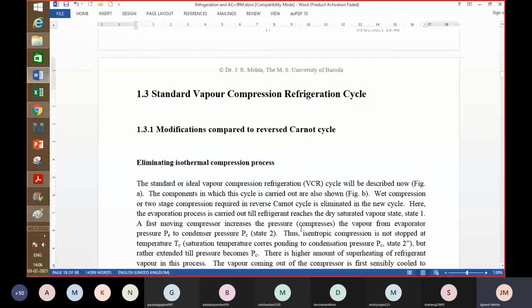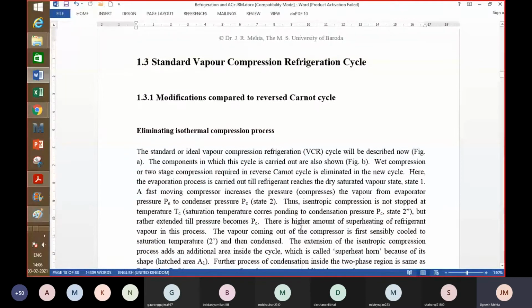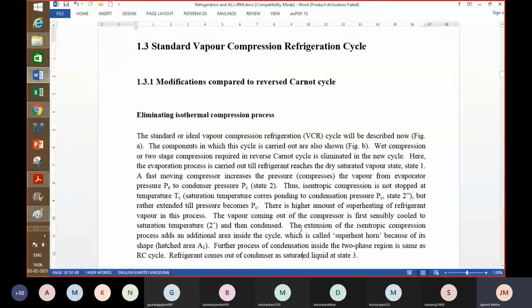The first thing is obviously the entry to the compressor. Now we are talking about the standard or ideal vapor compression refrigeration cycle as of now, right? How the actual cycle differs from that or deviates from that will be discussed later. So only saturated vapor enters into the compressor, and then the compression is completely adiabatic or isentropic, right?